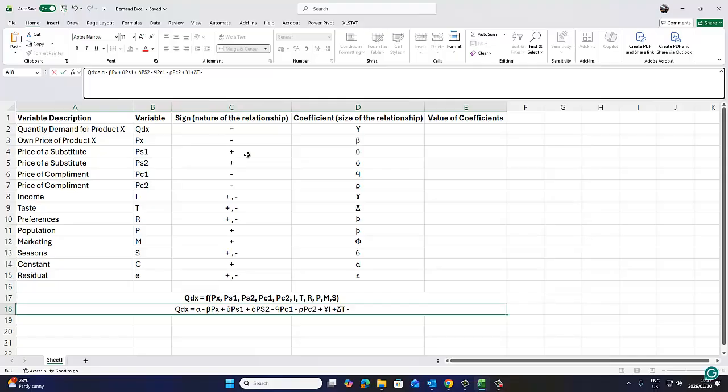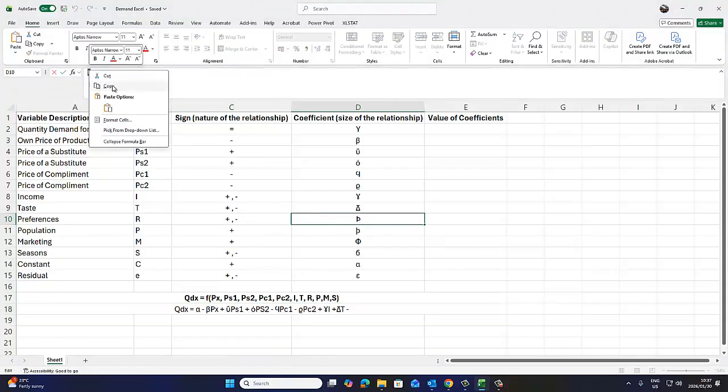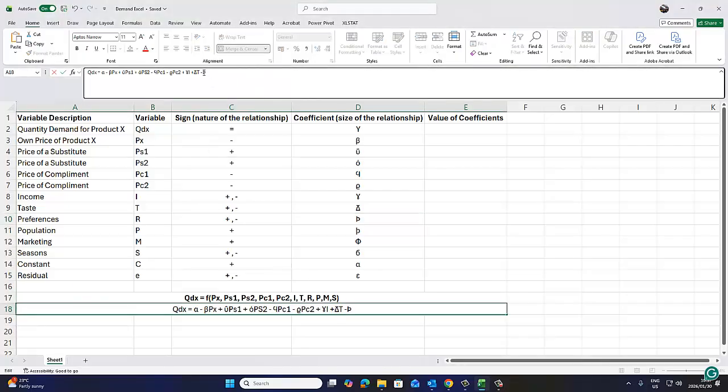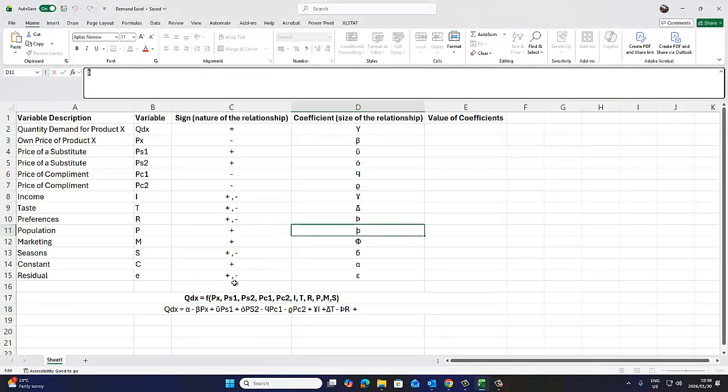We're going to have a minus preference. We're not going to like this item. We don't have a particular preference for that. Then population is positive. We're going to just cross-check now that we're correct.